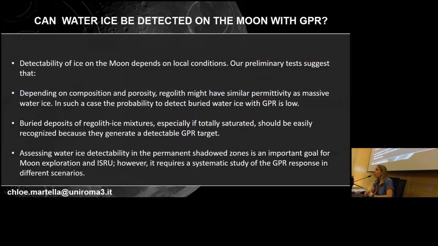So how can we conclude this work? Of course, the detectability of water ice on the moon depends on local conditions. These are very preliminary results, but based on them, we can say that if the conditions of the moon regolith lead the permittivity values of the environment to be too similar to the permittivity of pure water ice, the probability of detecting water ice in this scenario is too low.